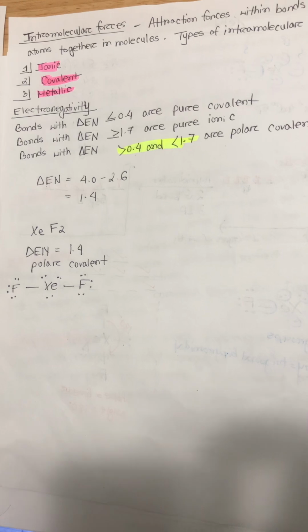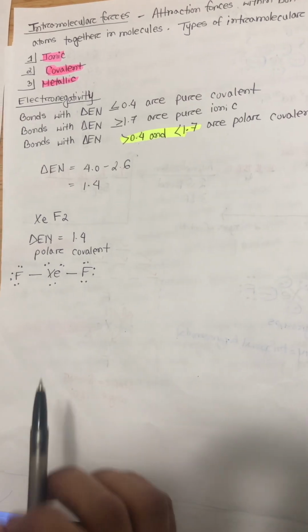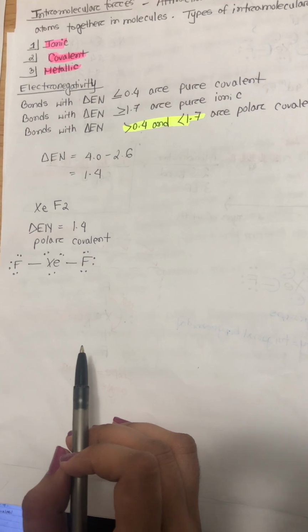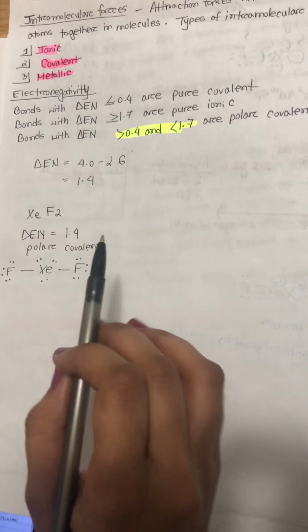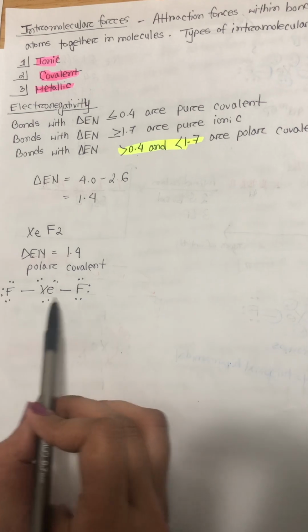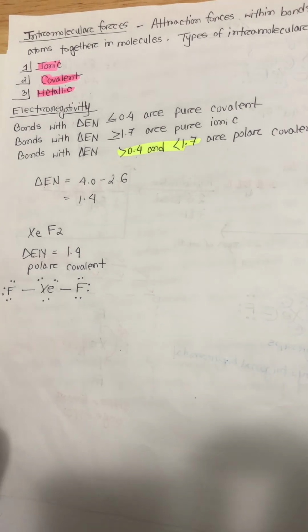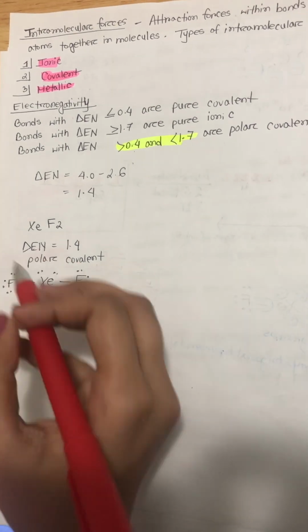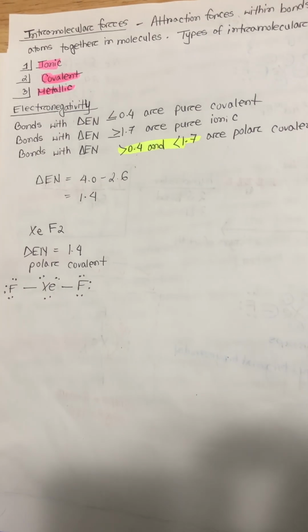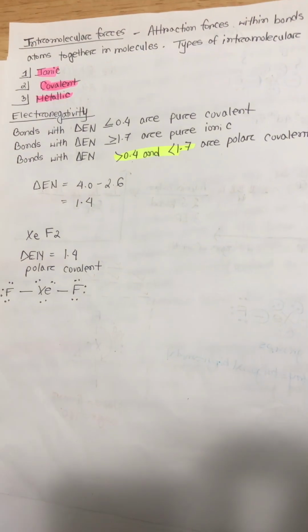And how is this? When we look at the shape, we see two fluorine atoms placed 180 degrees apart from each other, and xenon has 3 lone pairs.